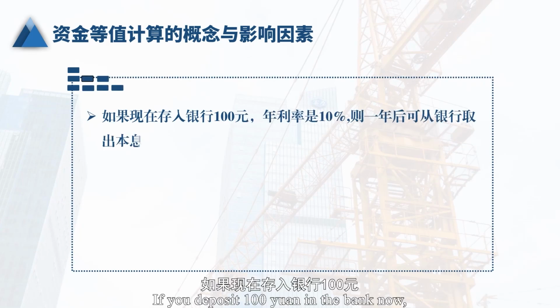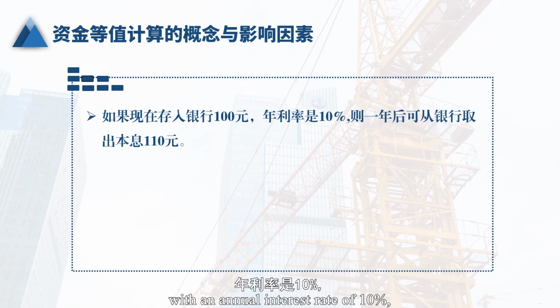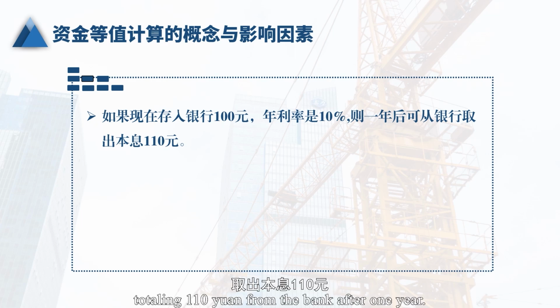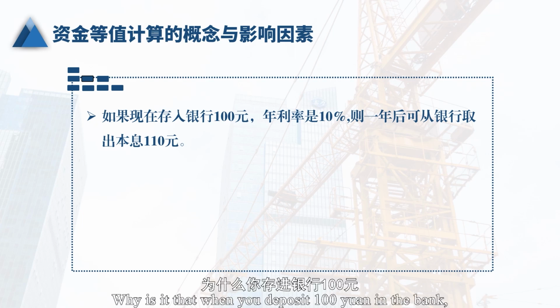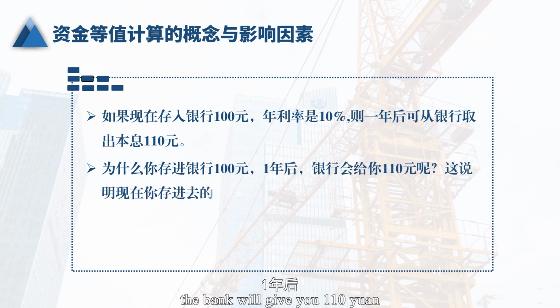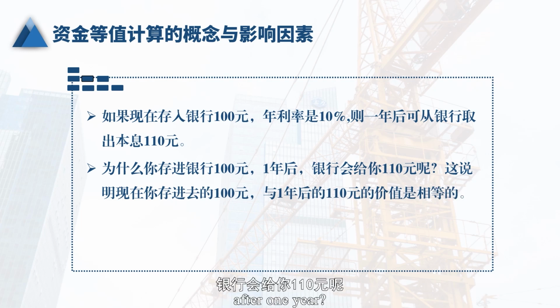If you deposit 100 yuan in the bank now, with an annual interest rate of 10%, you can withdraw the principal and interest, totaling 110 yuan from the bank after 1 year. Why is it that when you deposit 100 yuan in the bank it will give you 110 yuan after 1 year?